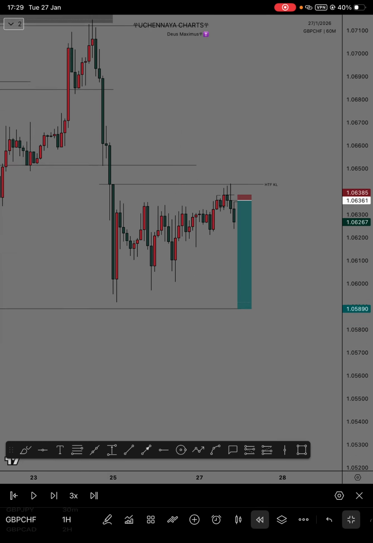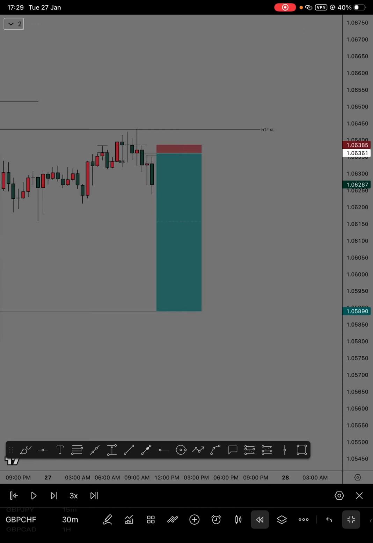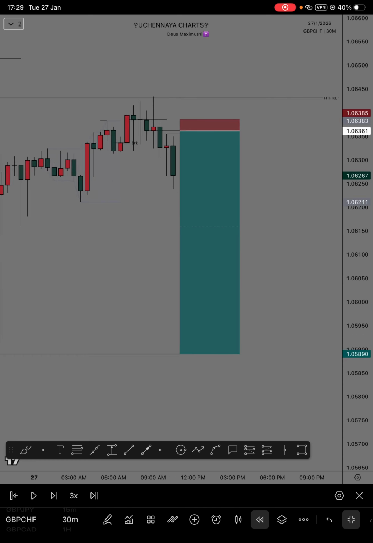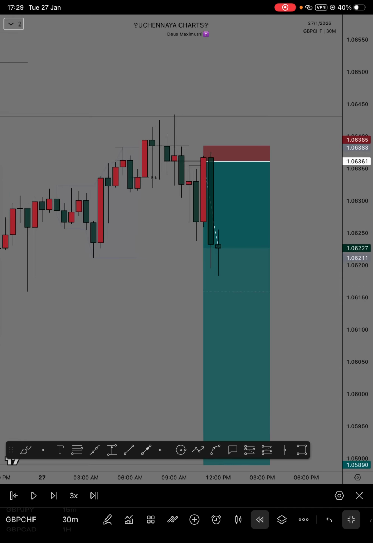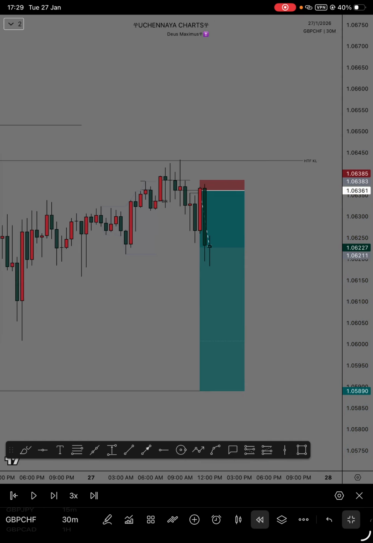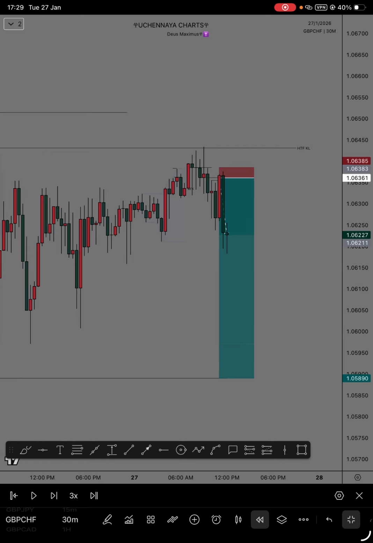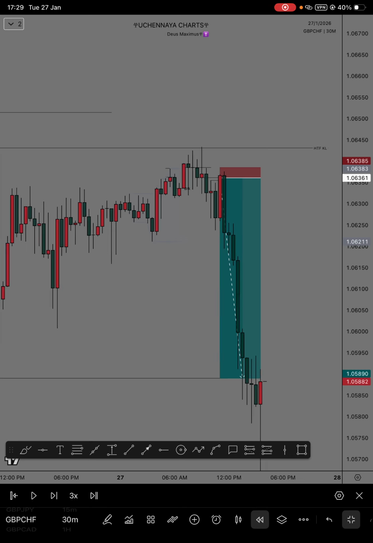And as you can see, this was on 30 minutes, so I placed my order, waited for price to come, and this was it. Triggered perfectly. This was a 2.4 pips SL. It triggered perfectly, and from there started pushing all the way down.